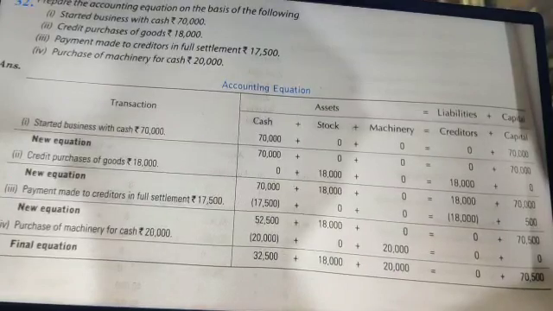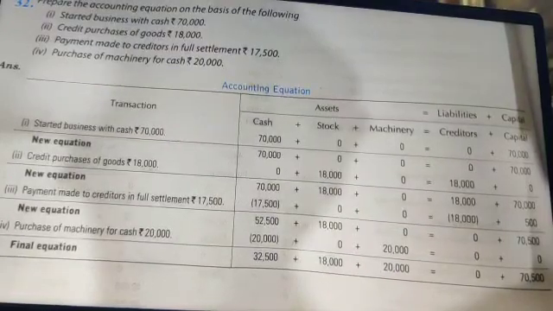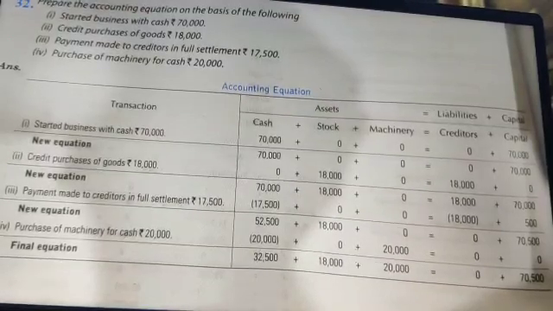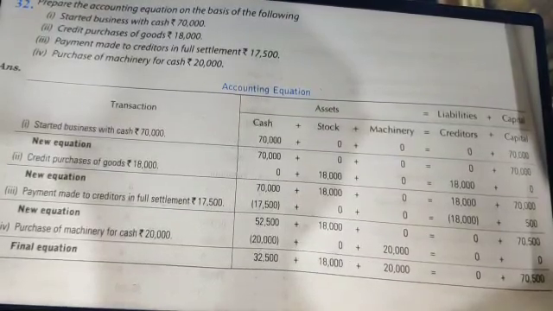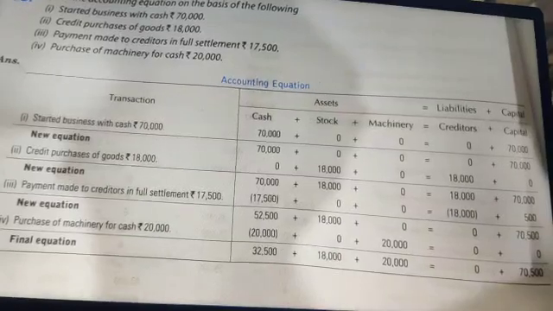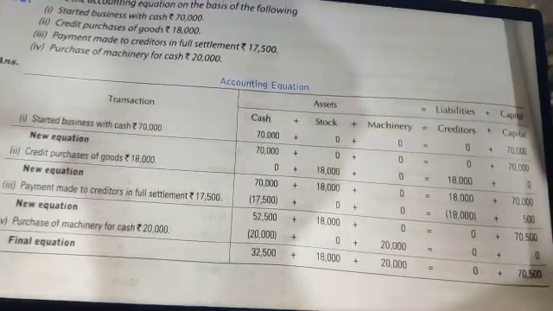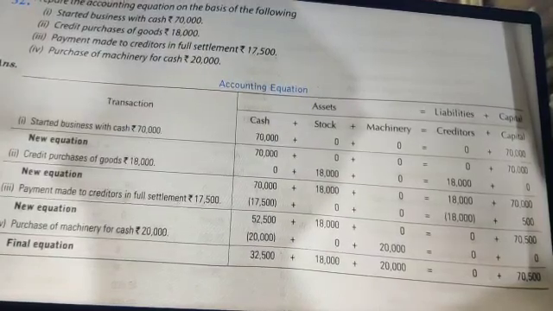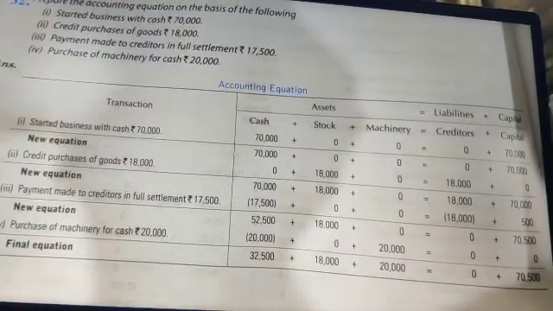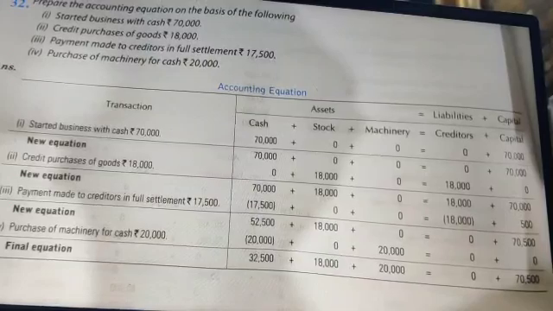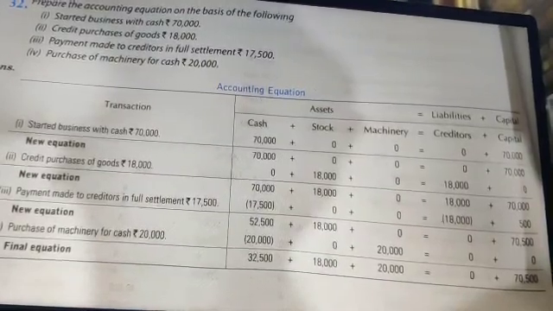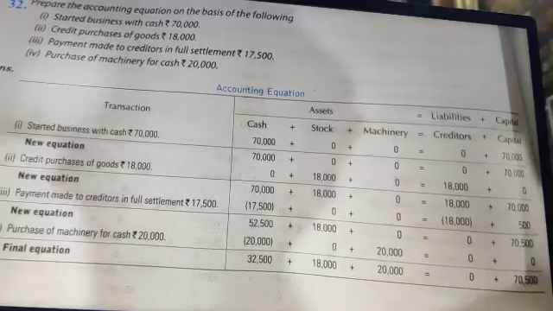And the difference between them, that is 500, is your profit, which is supposed to be added in your capital. Now 17,500 in negative on the asset side, and minus 18,000 plus 500 again gives you 17,500 in bracket, that is in negative, again balancing your accounting equation to be equal.